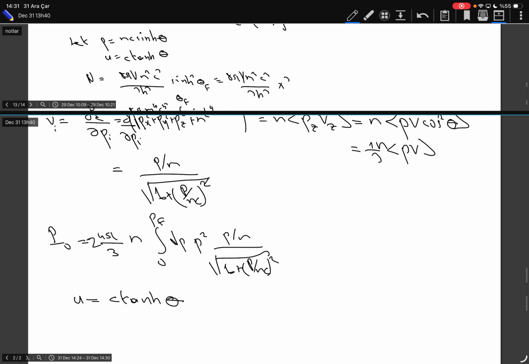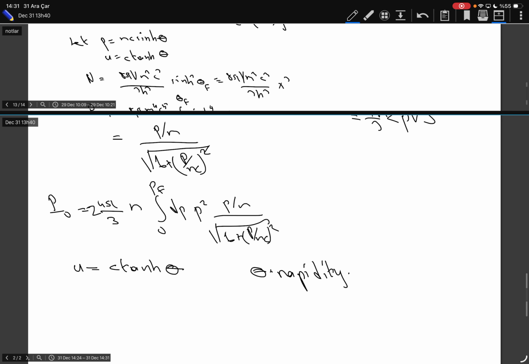So that is what this theta is. For those doing particle physics, this theta is called the rapidity, one of the experimentally measured parameters. So P turns out to be mc sine hyperbolic theta.